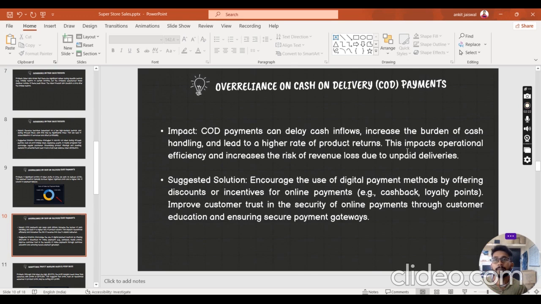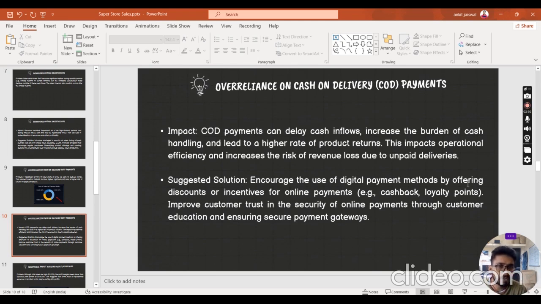For example, if the delivery guy goes to the customer's home and says here is your product, and the customer says now I don't want it, we have to return from there. But what about the operational cost that we have put into delivering that product? So this cash on delivery method is very ineffective.